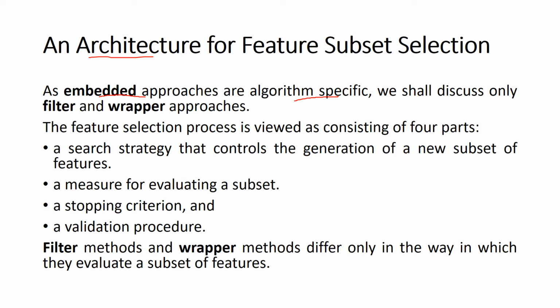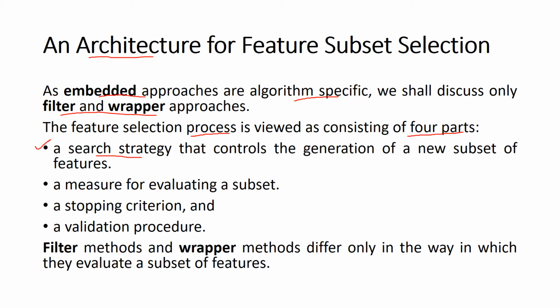Therefore, we shall discuss only the filter and wrapper approaches. The process for these two approaches is divided into four parts. Number one, it has a search strategy that controls the generation of a new subset of features.